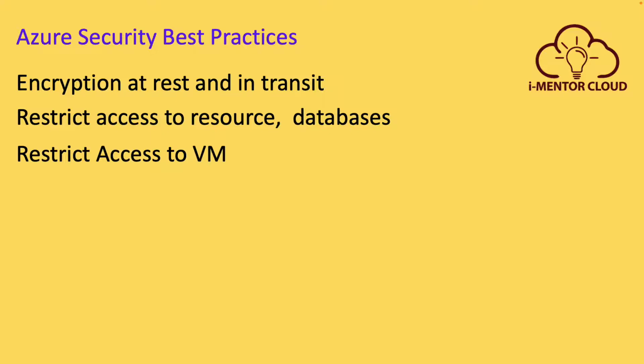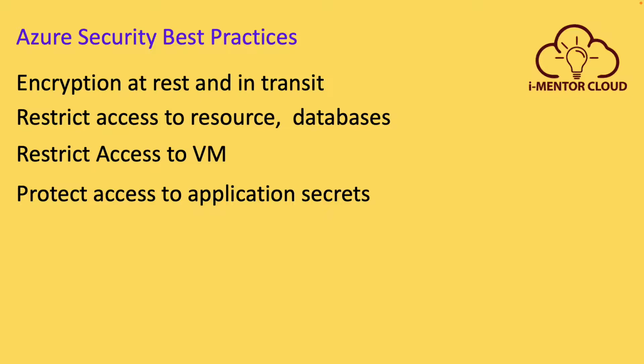Resources and VMs are kind of different, but generally they are all resources. With resources we are talking about files, objects, and all those, whereas for VMs, the restriction needs to be applied at the VM level. So there are different policies available where you can set different policies on resources and databases versus a restriction on a VM.